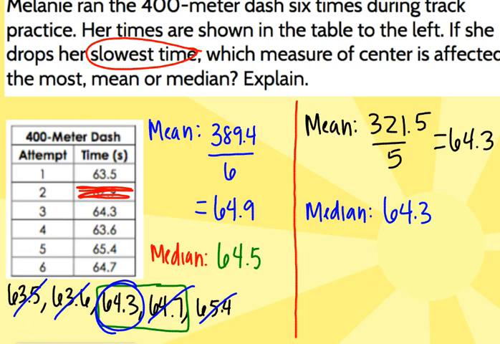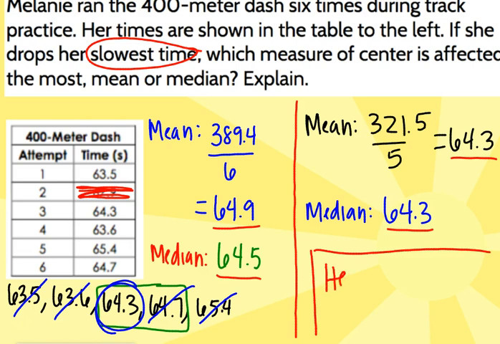Well, her mean went from a 64.9 to a 64.3, so that dropped. And then we look at our median, 64.5 to a 64.3, so which one had the biggest change? Her mean did. Her mean was affected the most.